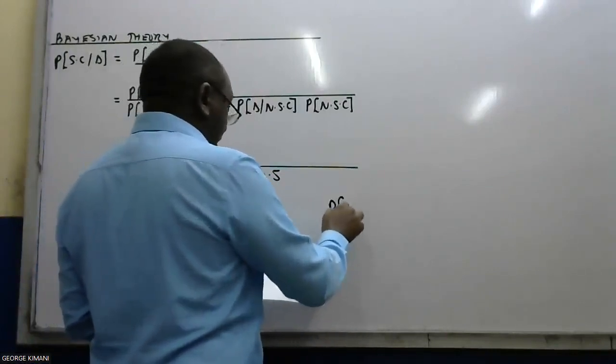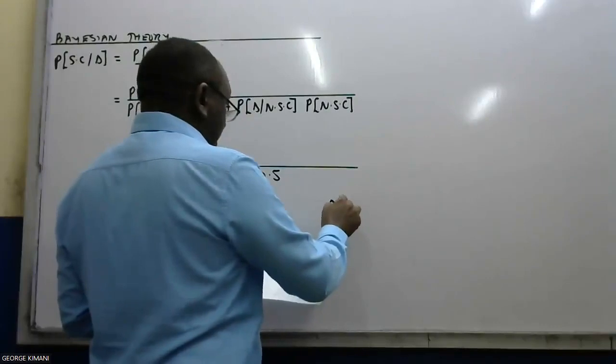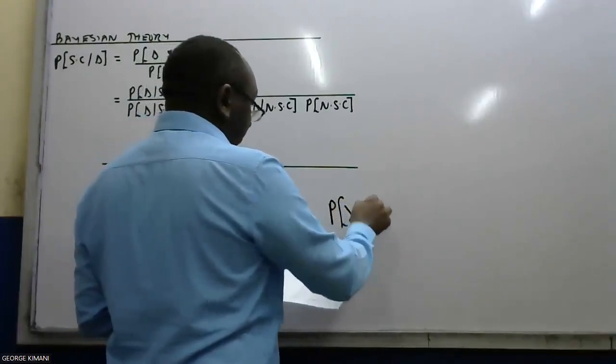Probability of getting X given defective.